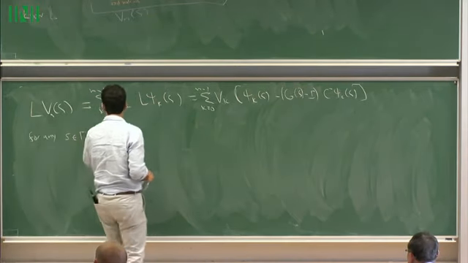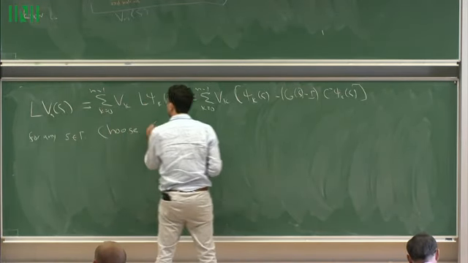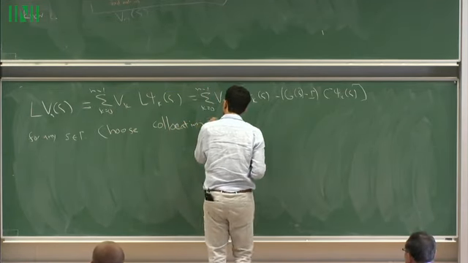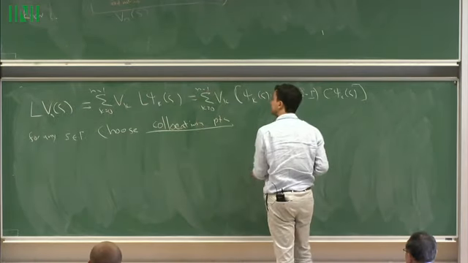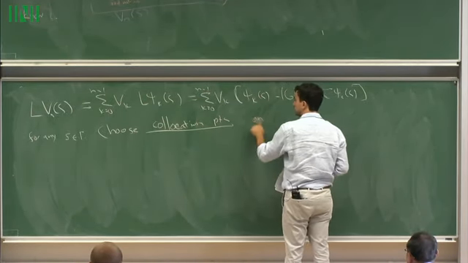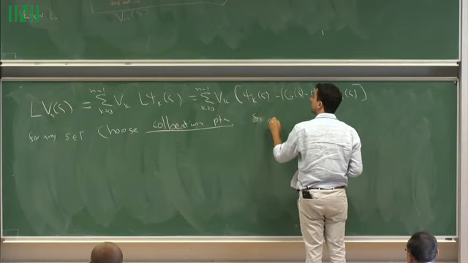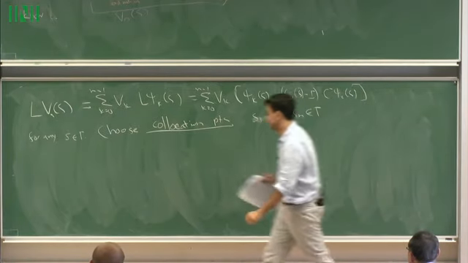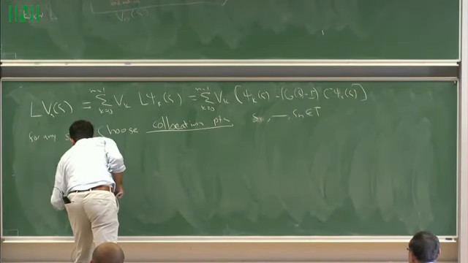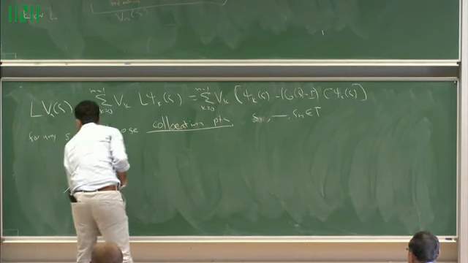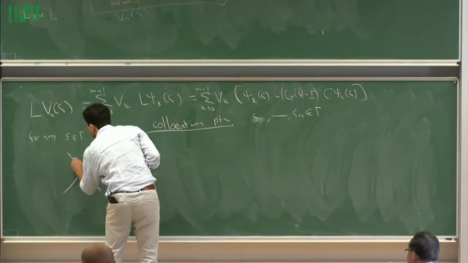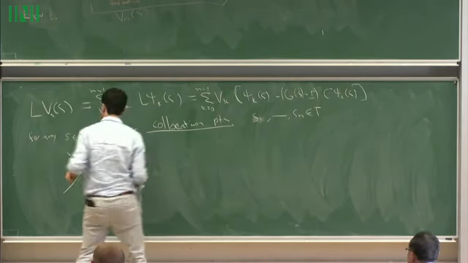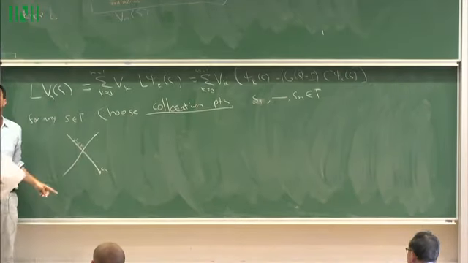So choose a grid: choose n points in gamma, say s1, s2, s3, up to sn. So we choose some grid on our contour.